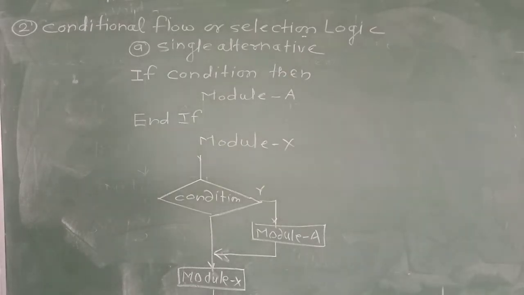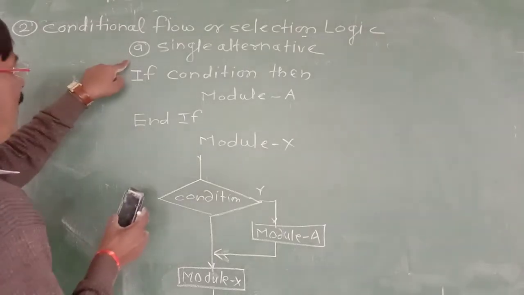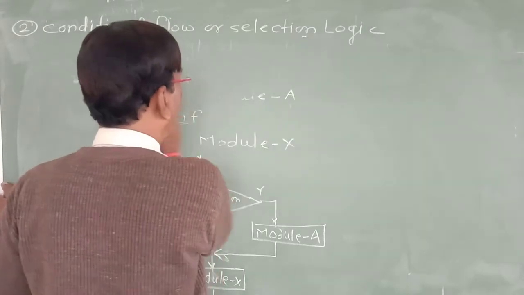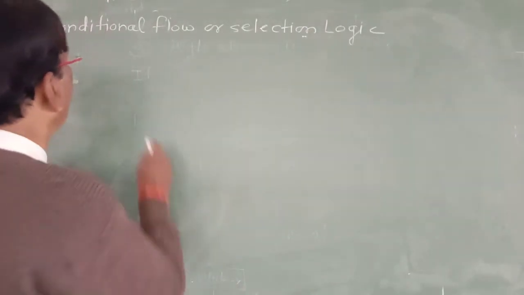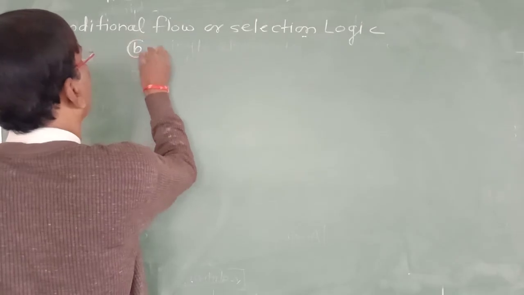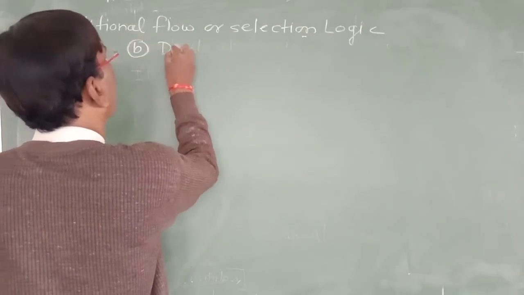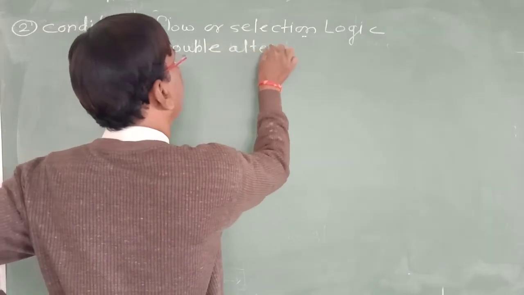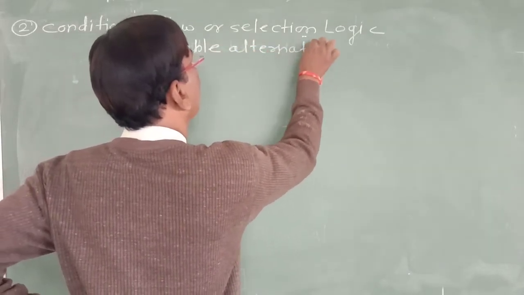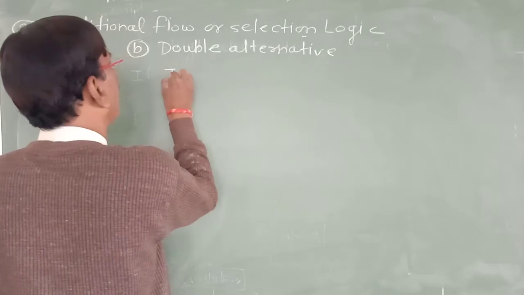Now, next is B, double alternative. How?